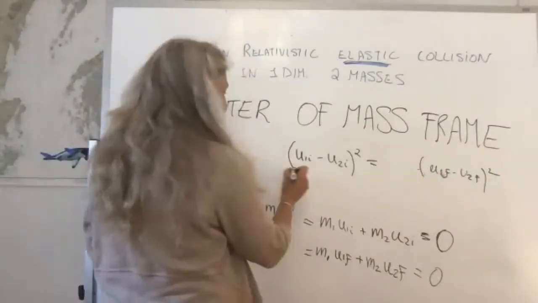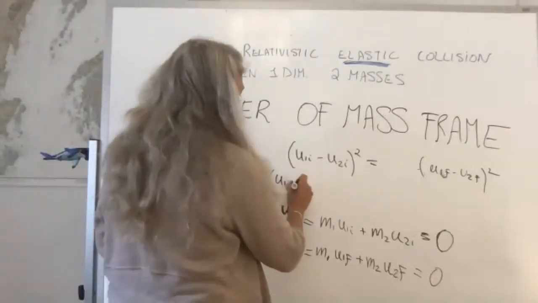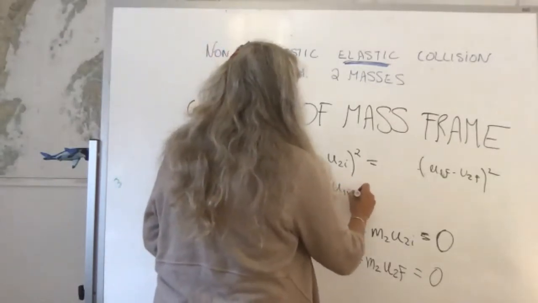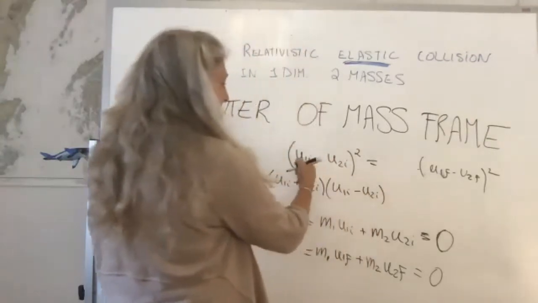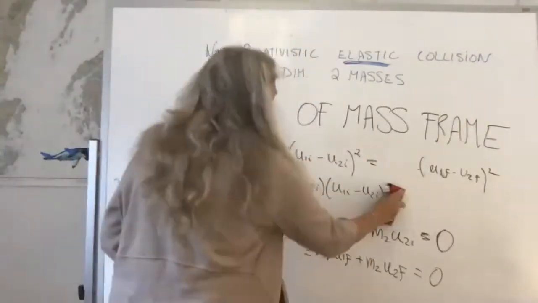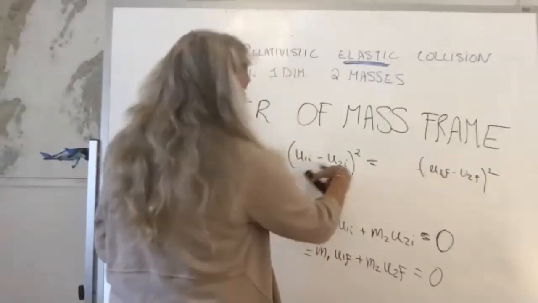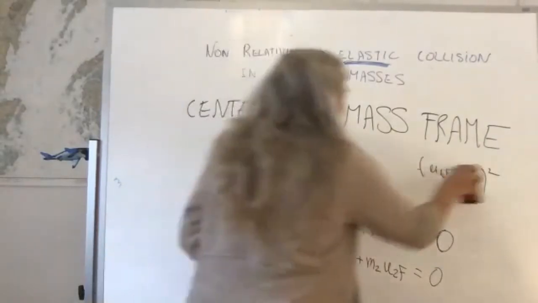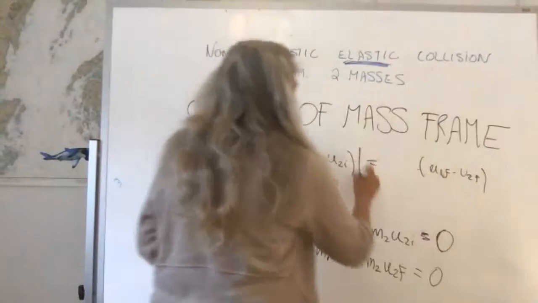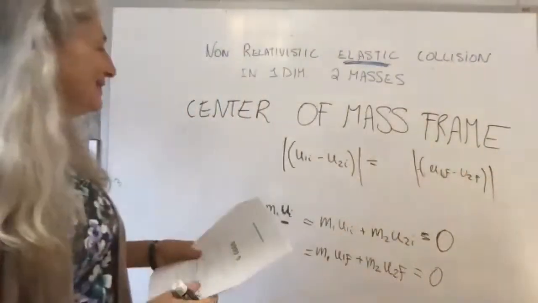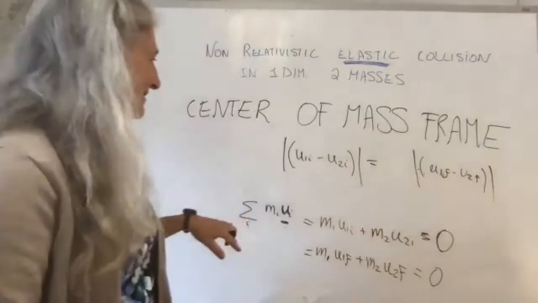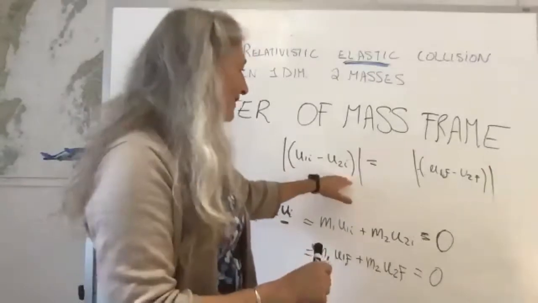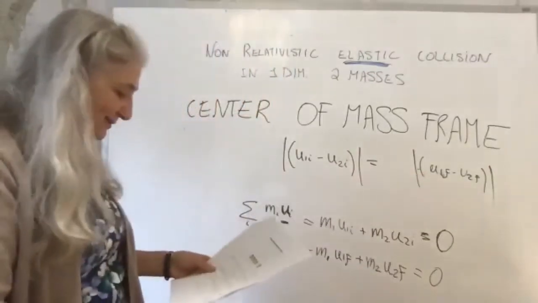Sometimes it's convenient to write this as U1i plus U2i times U1i minus U2i, but no, actually it's not right. You can't do that because this is an actual square. So you have to be careful with the signs. Sometimes in these problems, completing the square actually helps you solve it. In this case, you just do that. So the difference in velocities before is the same as the difference in velocities afterwards.